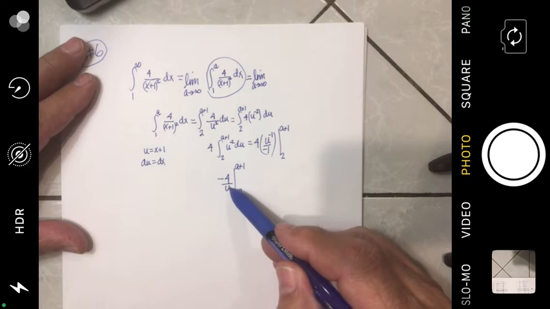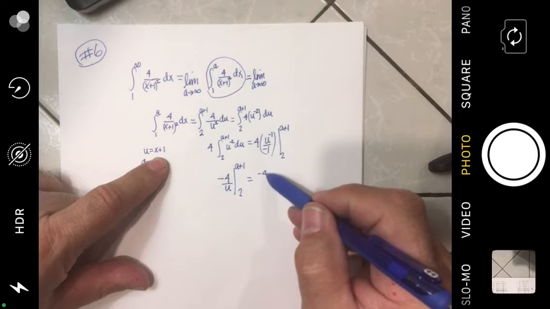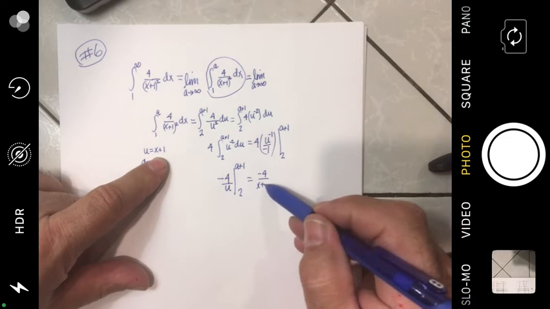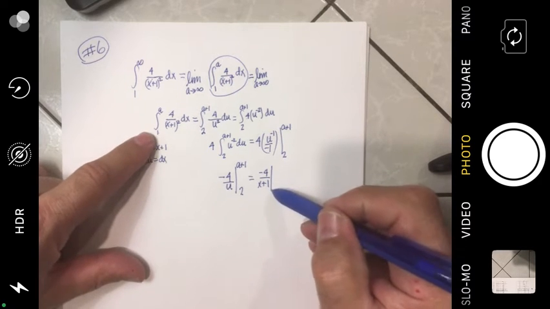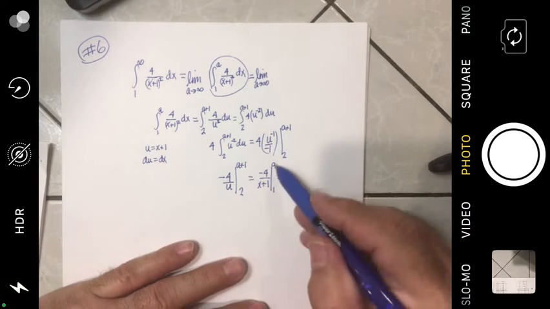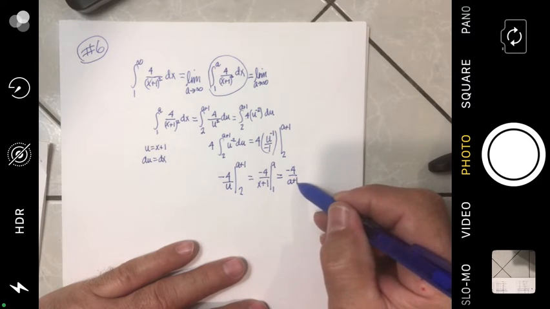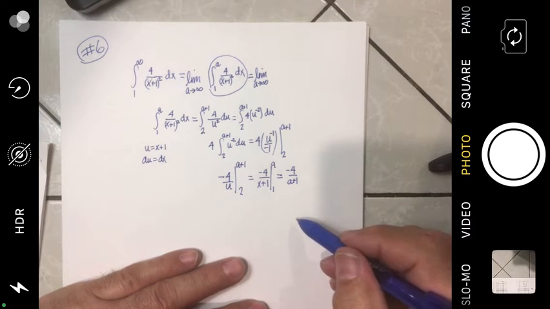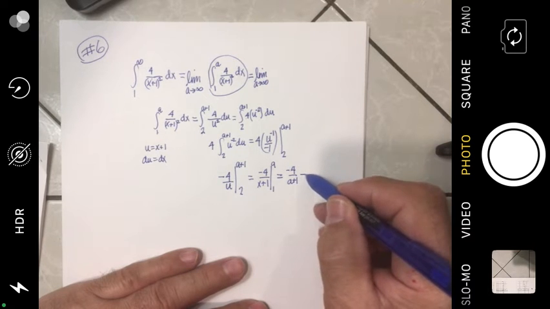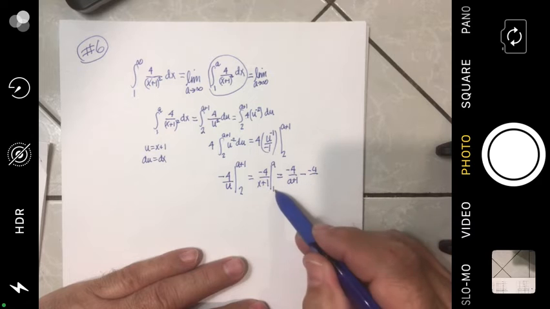Or we can change u back to x plus 1 and then put in our original limits, 1 to a. Either way, we will get negative 4 over (a plus 1) minus (negative 4 over 2).